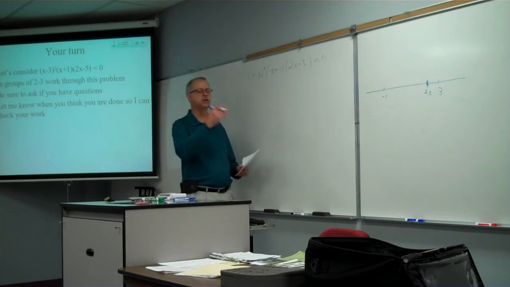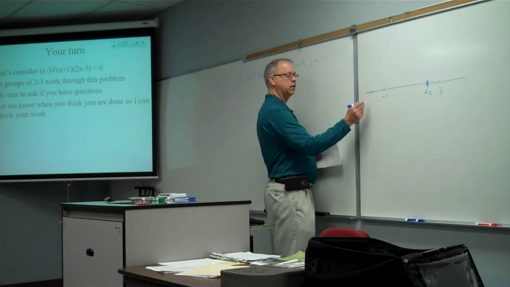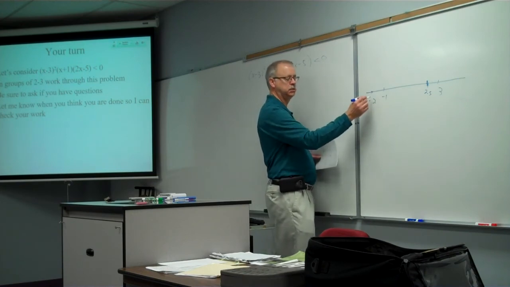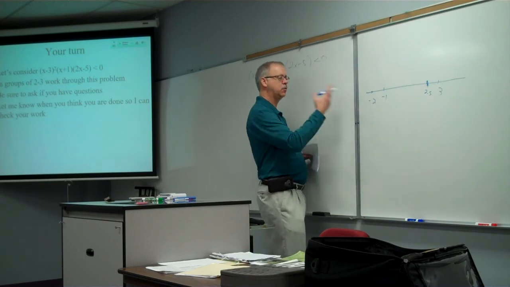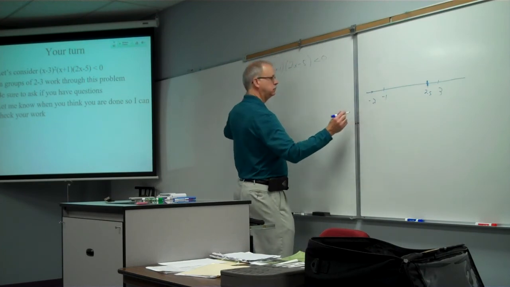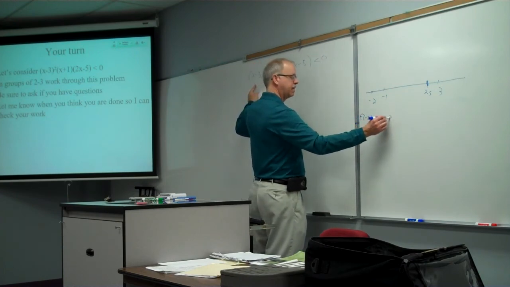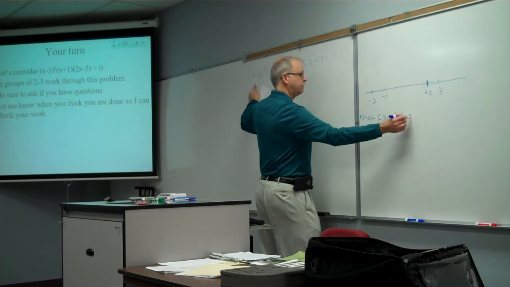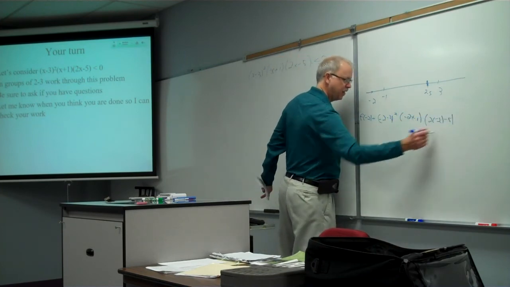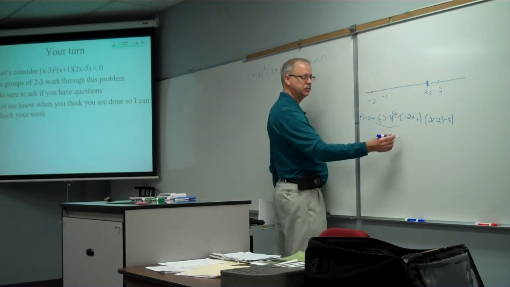So we need to pick points in each interval. Over here, there are lots of things we could pick: -2 would work, -3, -27, -pi. The value of the function at -2, well, with the squared, that's always going to be positive.